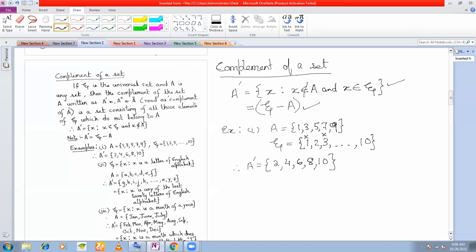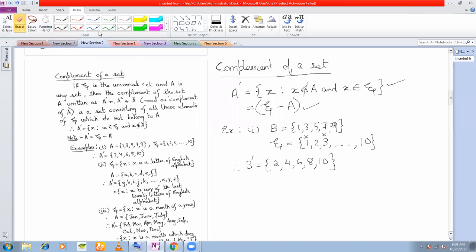Yes, if I say that this set is B, then this will become B complement or B dash. Okay, clear with this? Yes, sir. So basically what is happening here is B is getting converted to B dash. So from B you are finding B dash.